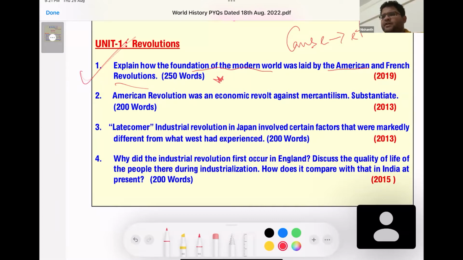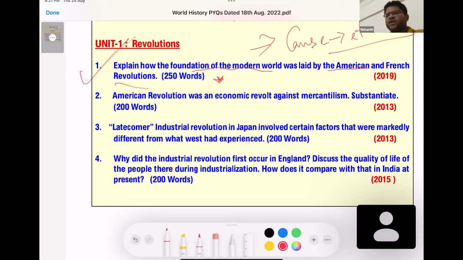Okay, so what was the cause of this particular event and what was the effect of this particular event? You apply this philosophy to all the world history topics and you will do proper justice to any question. So now here the question is, they are asking you in what way these two revolutions have laid the foundation for the modern world.